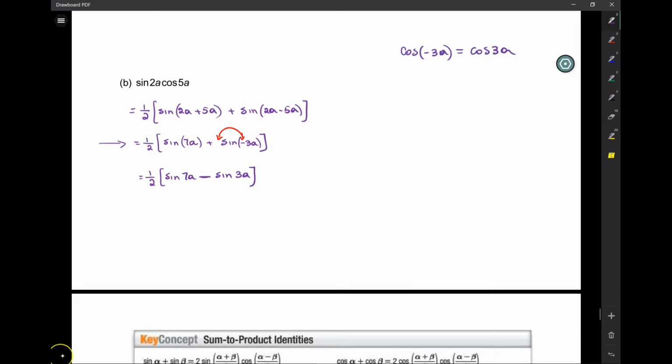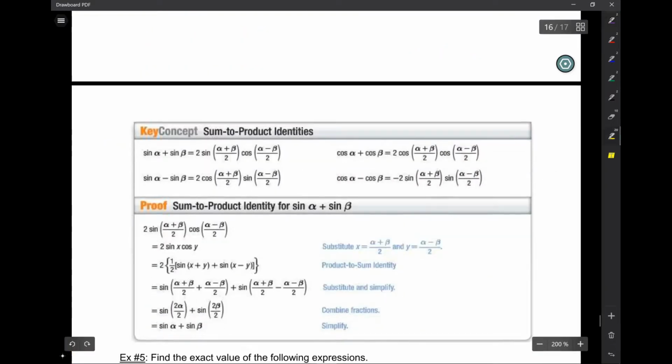Okay, so here what we have are sum to product identities, right? We're going to start with a sum and end with a product. But this is where students get confused sometimes, because this is a sum that looks like what we had in section 4. So let's be careful exactly what we're taking the sum of.